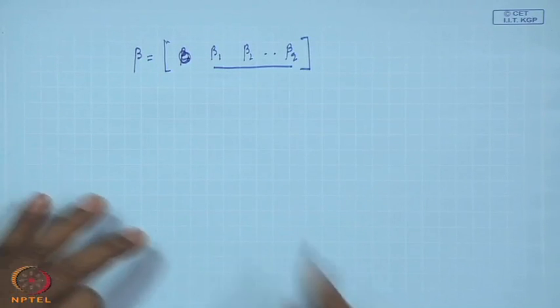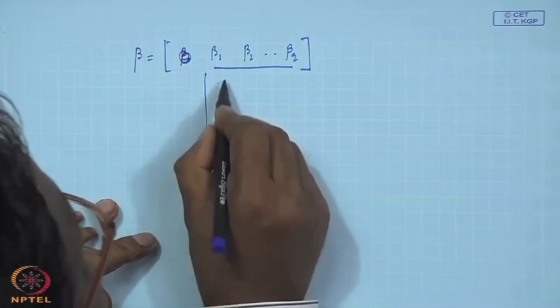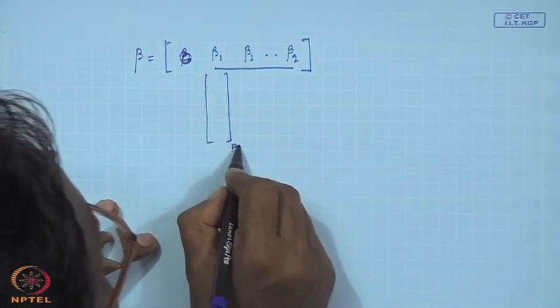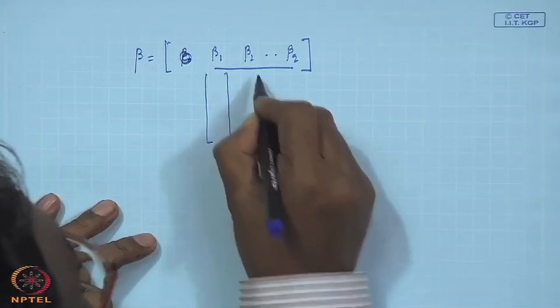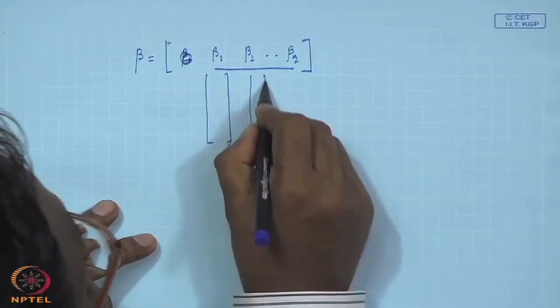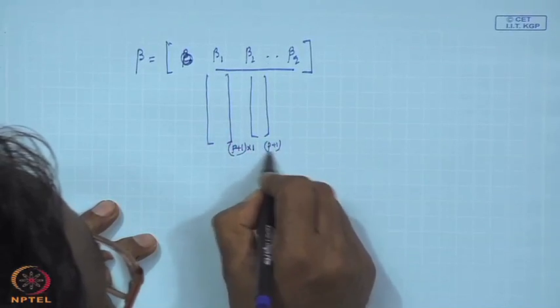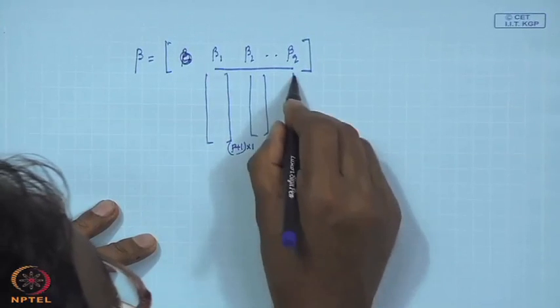Okay. Now, this beta 1 contains P plus 1 into 1, beta 2 also contains P plus 1 cross 1, like this.